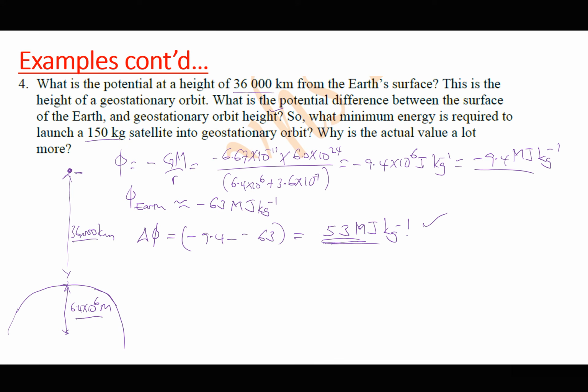So what we are actually calculating is the gain in potential energy, delta E_P, which is equal to the mass times the change in potential, which will be 150 kilograms times 53 megajoules per kilogram, where the kilograms have cancelled.